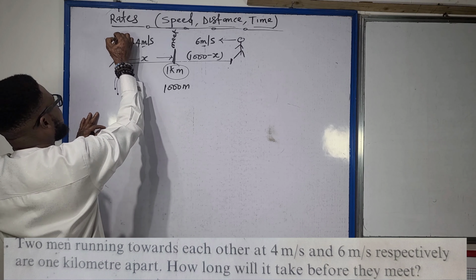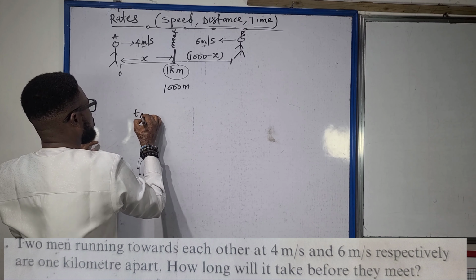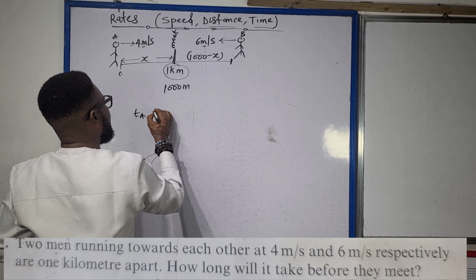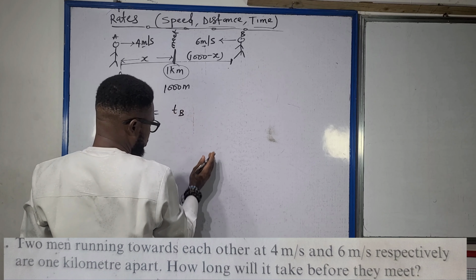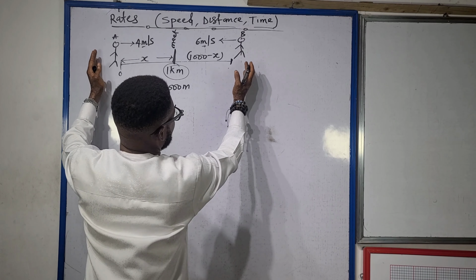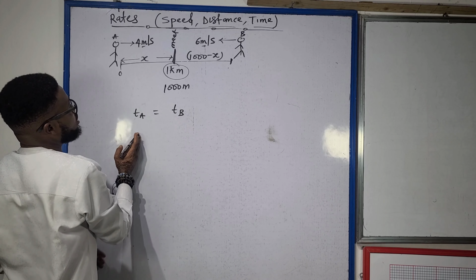So let this be A, let this be B. The timing it will take A to move from here to here, and the timing it will take B to move from here to here, is going to be equal. Though they are moving at different speeds, because they started moving at the same time, the timing will be the same. So how do we calculate time?